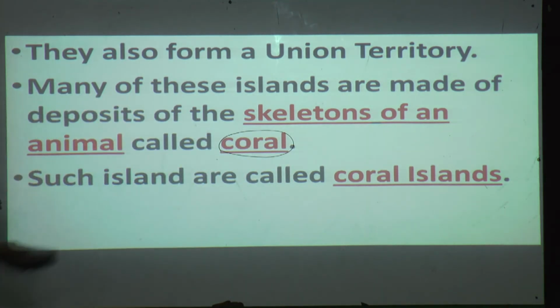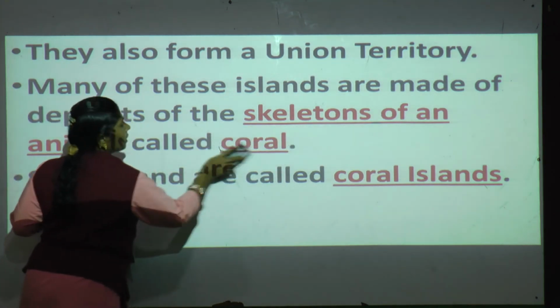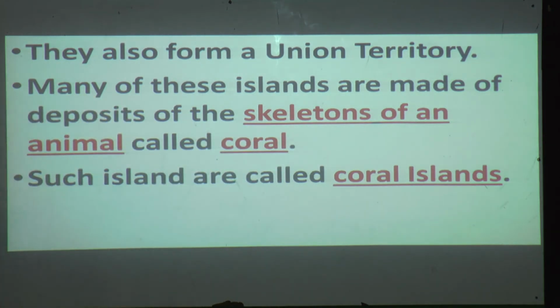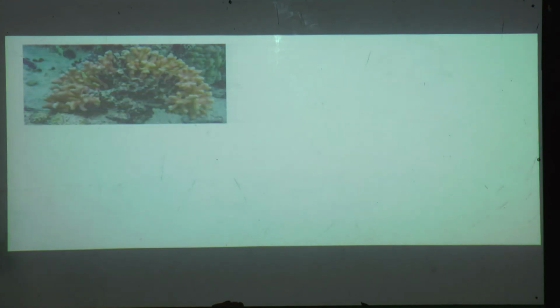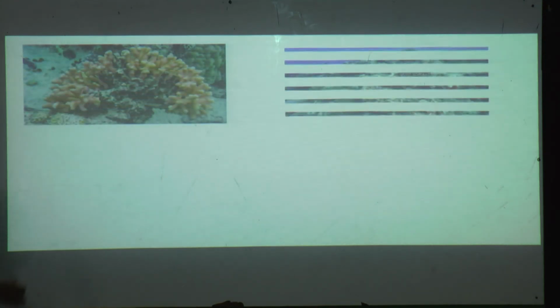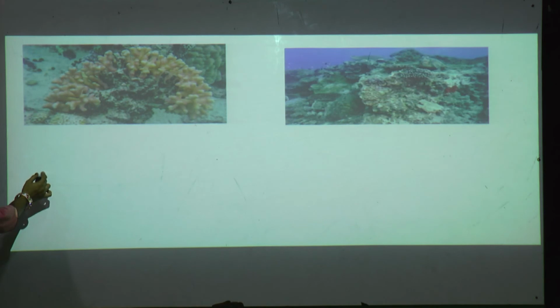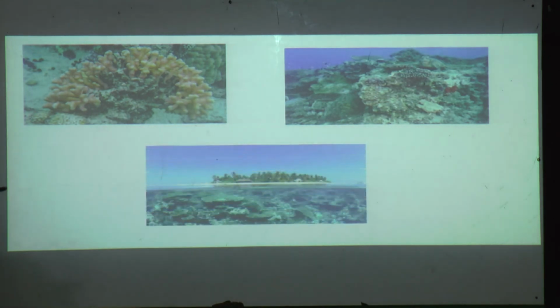Such islands are called coral islands. So this type of island is called a coral island. Now see this. These are all subtypes of corals.